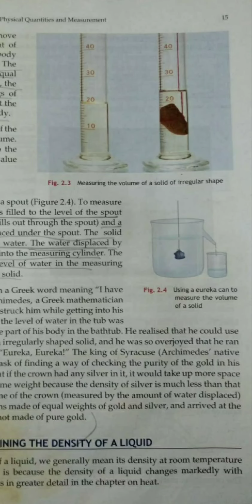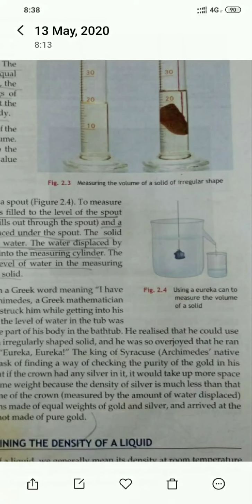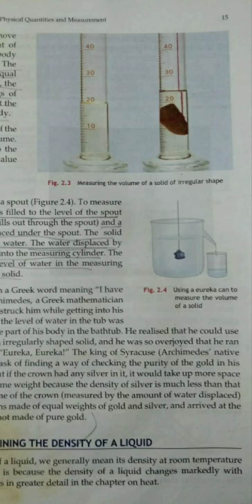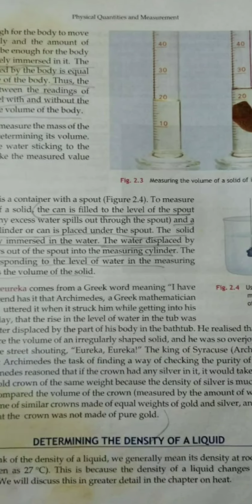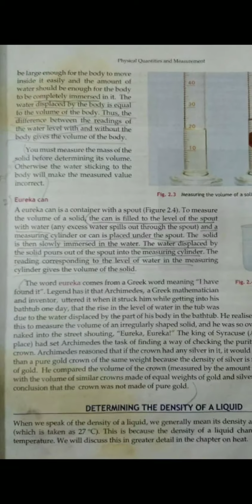The water level rises. Now the water has risen up to 25 ml. So the difference in the volume of water will give us the volume of the object. Here 5 ml of water has risen, that means the volume of the irregular solid is 5 ml.